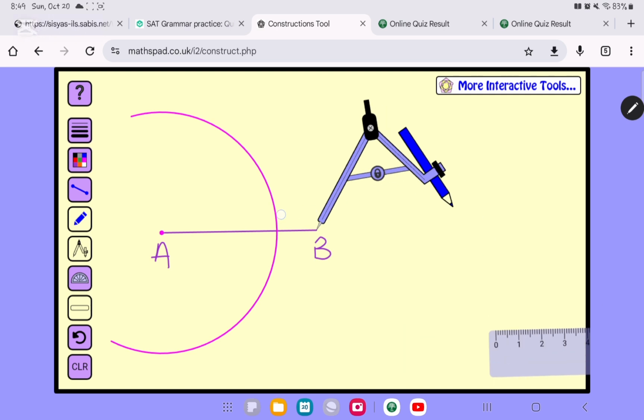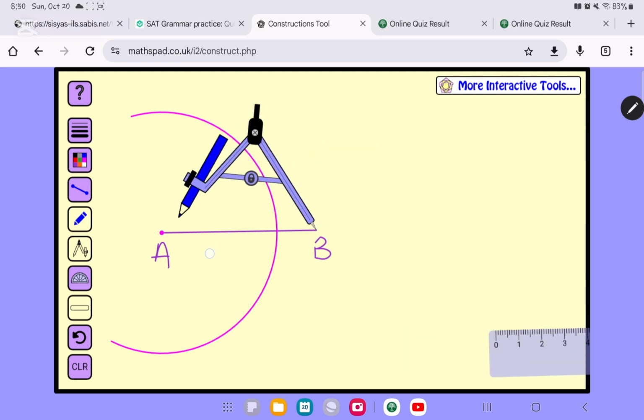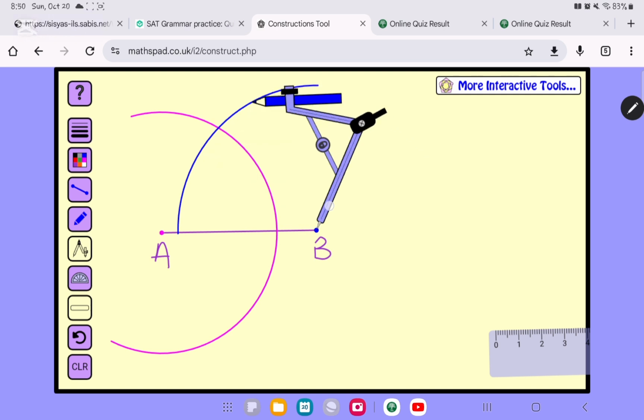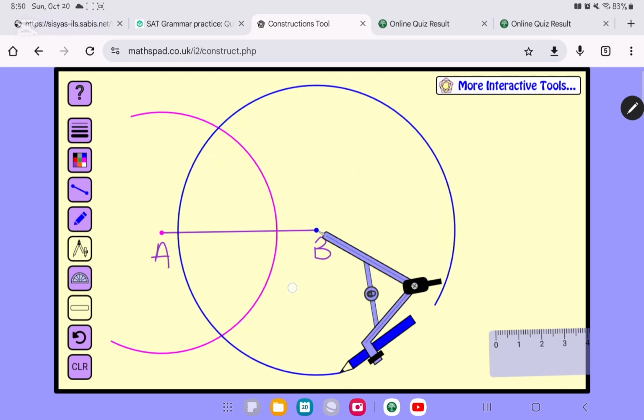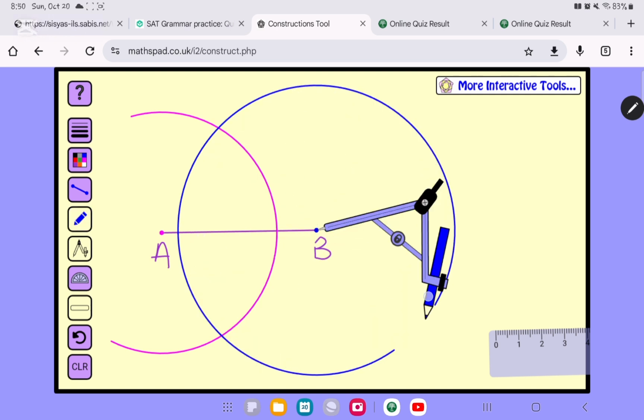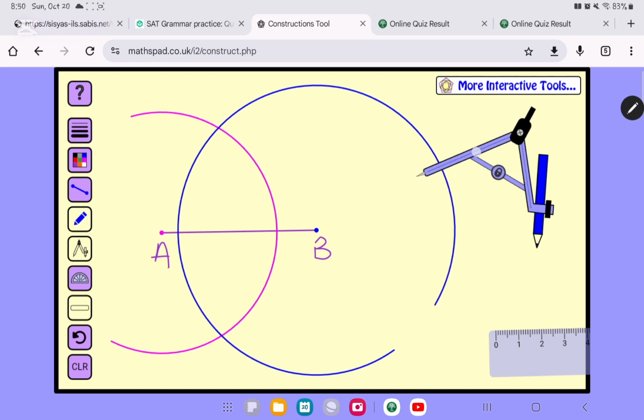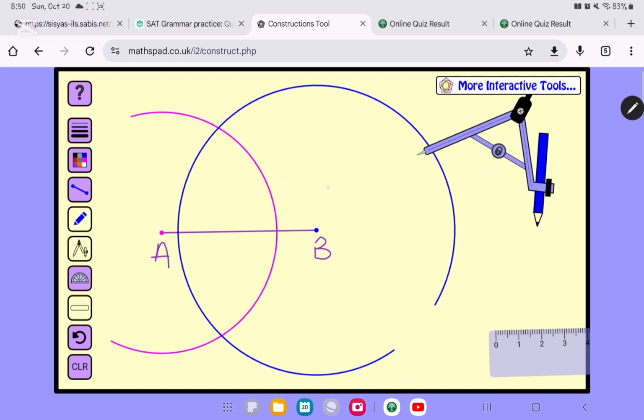With center B and a radius of 6 centimeters, we will draw another arc. Oh my goodness, my arc always turns into a circle. Try to not let your arc turn into a circle, because all of this is useless.